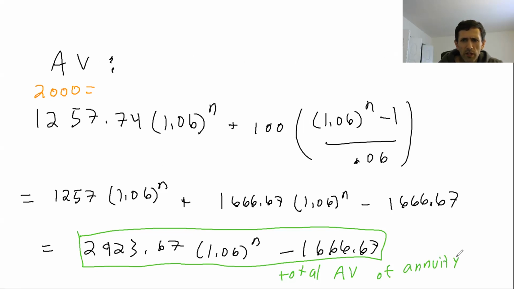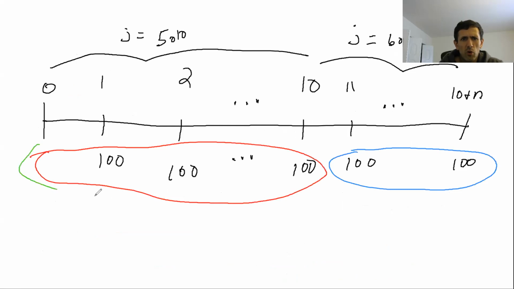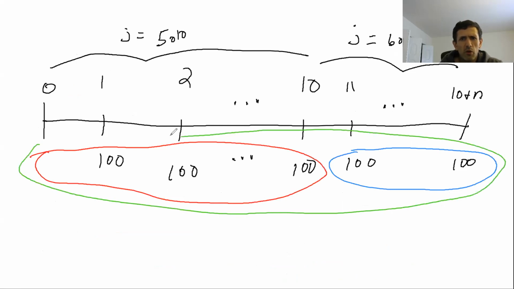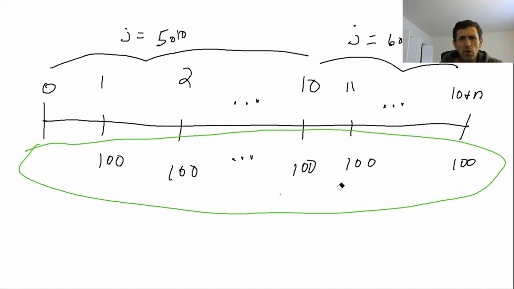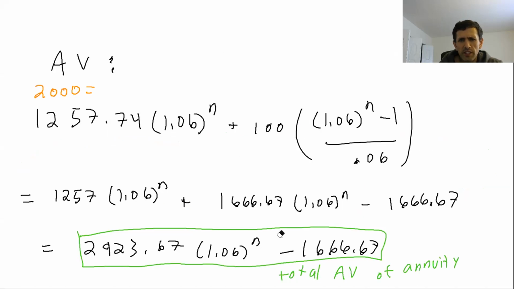Which annuity? The whole annuity, the whole thing I'm circling in green. The accumulated value of the whole thing is this here. Let's do a check.